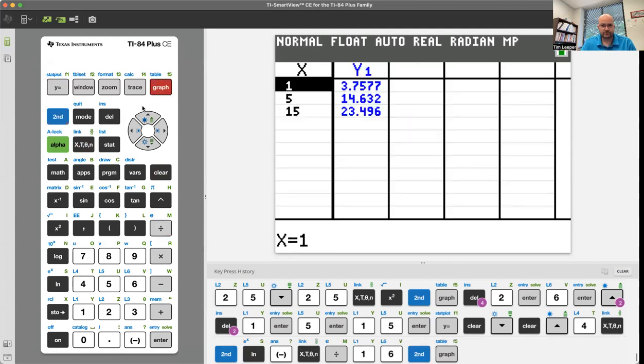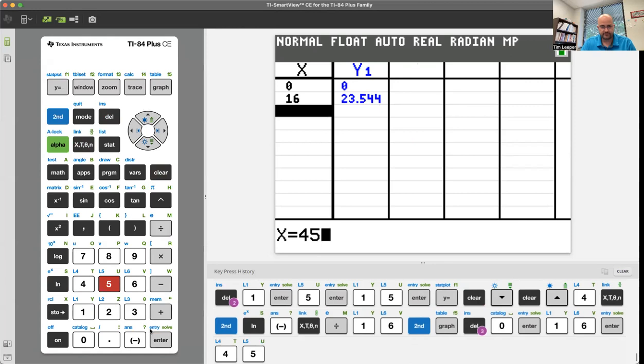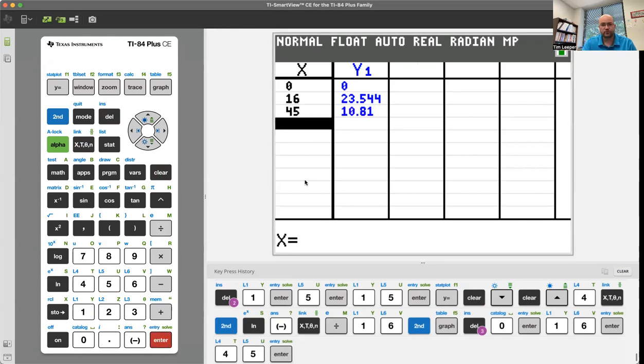If I go to the table, I'm going to type in the values of 0, 16, and 45, and we want to know when is the maximum. So 0 gives us 0, 16 gives us 23.544, and 45 gives me 10.81. Wonderful.